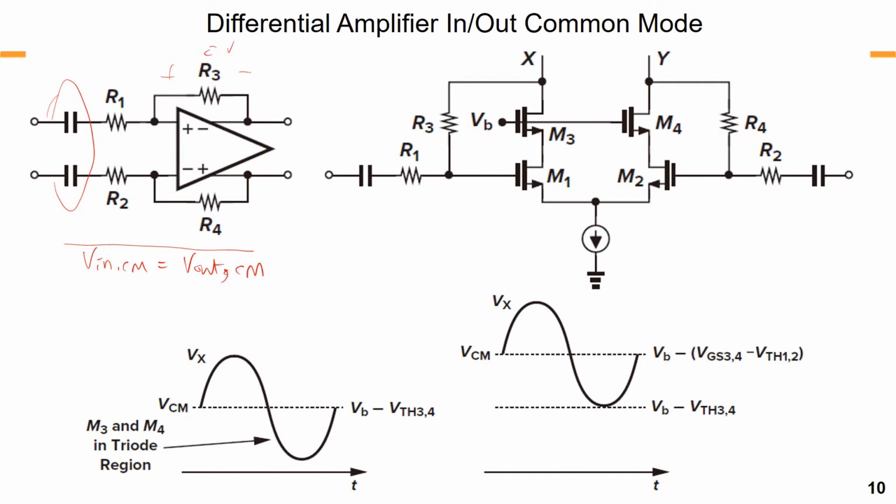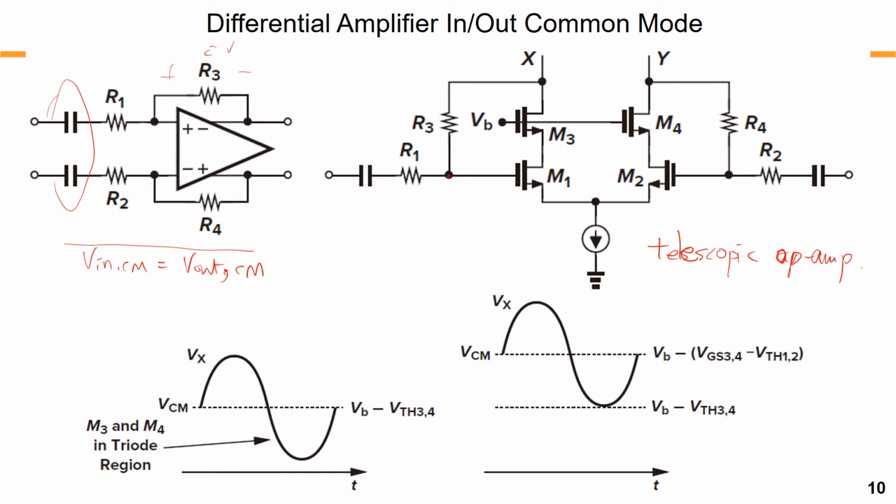Now let's consider that this differential amplifier is implemented with a cascode amplifier, like in this telescopic op amp. Here we will just draw the bottom MOS pull-down path for simplicity.